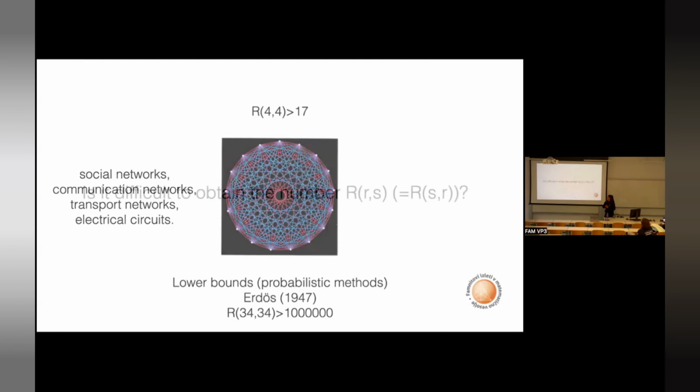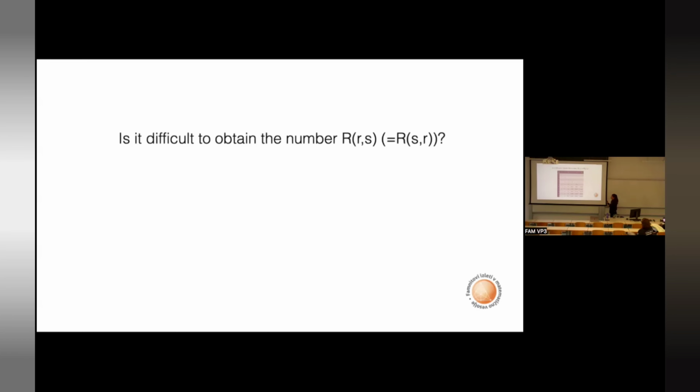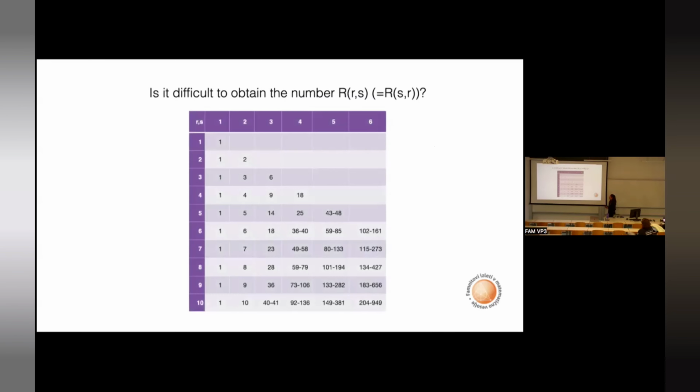How difficult is it to calculate these numbers? We already did one example here, but how hard is it? So this is, if I'm not mistaken, the last table. I didn't fill this because it's the same if you put R(r,s) or reverse the numbers.